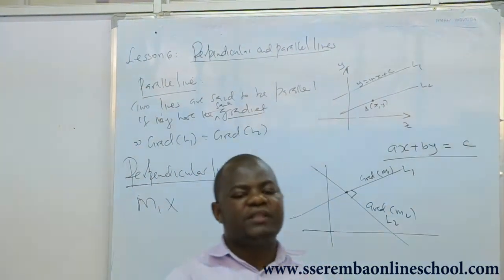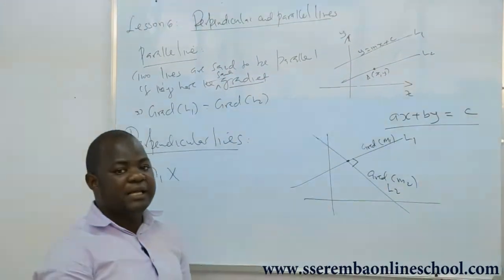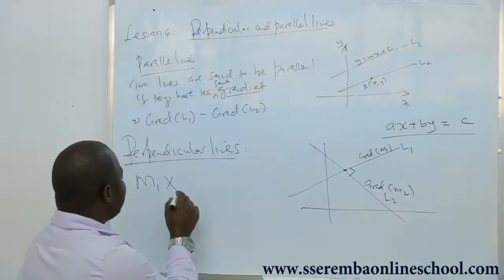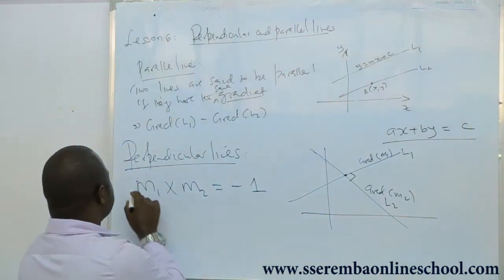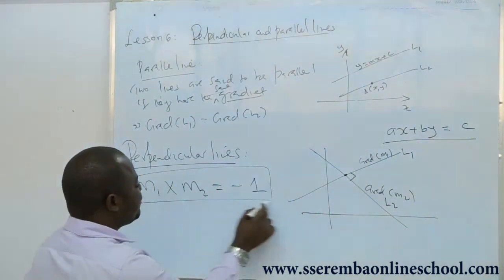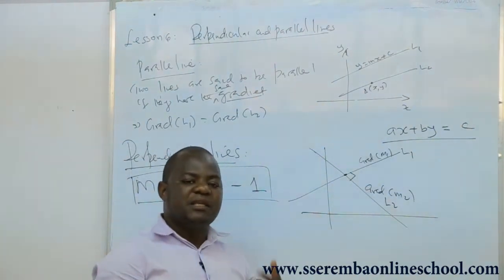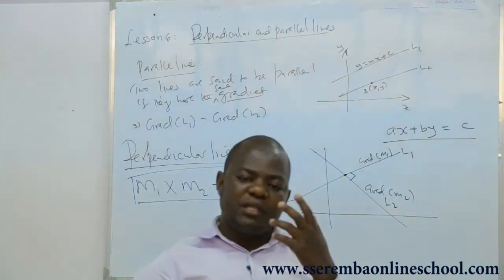So we shall have M1 times M2 is equal to -1. This condition has to be fulfilled if the lines are perpendicular.